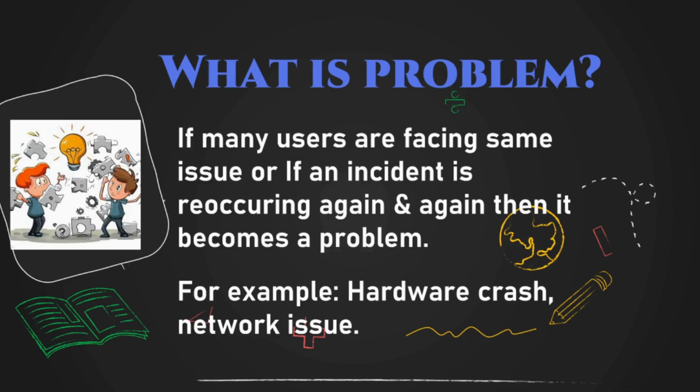For example, hardware crash, network issue, like that. If you remember, recently we had a glitch from the CrowdStrike Microsoft end where every laptop was showing a blue screen of death error. That was a major problem because all users who had Windows were impacted, even I too. So this is what a problem is.